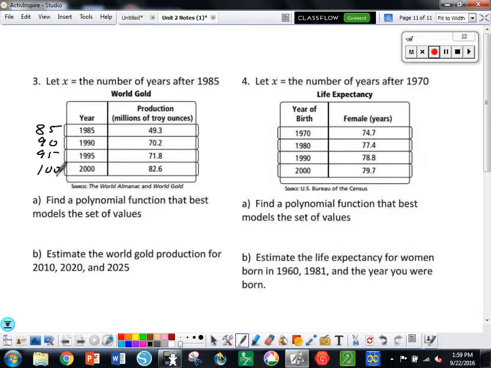Dependent is always your Y value, your independent is X. So, does the year depend upon the gold production, or does the gold production depend upon the year? Gold production depends on the year. Okay, so therefore that's why these are my X's, these are my Y's.